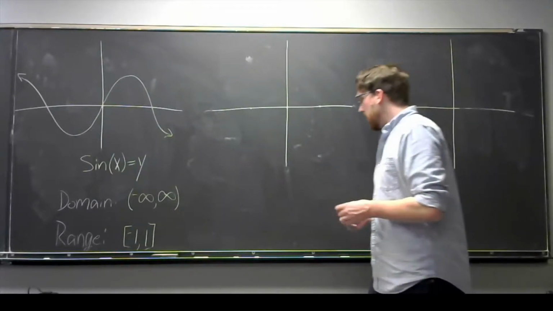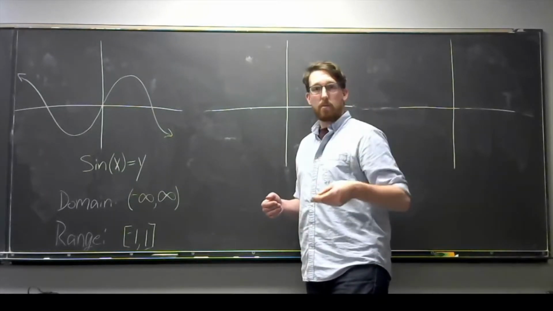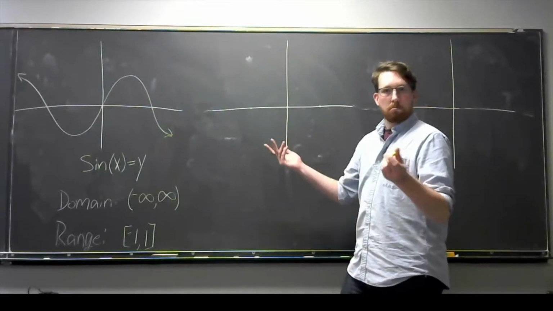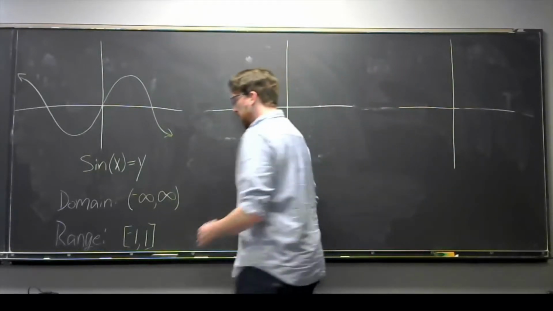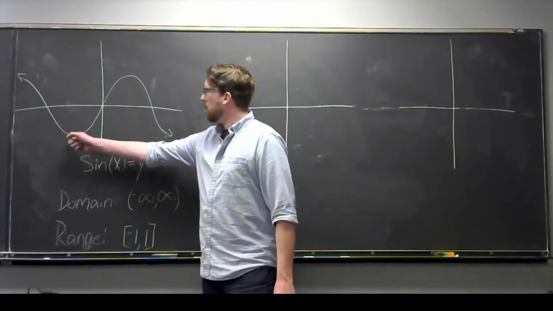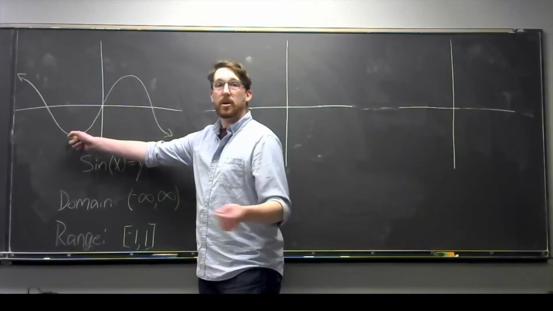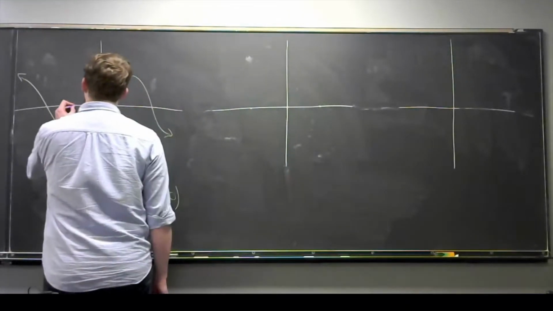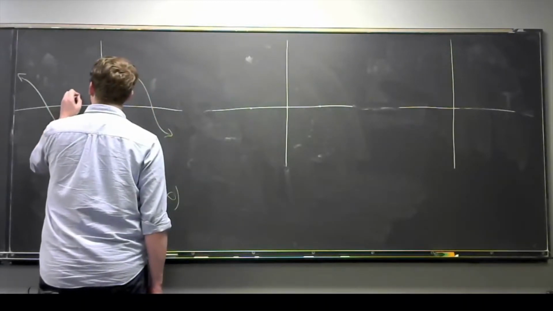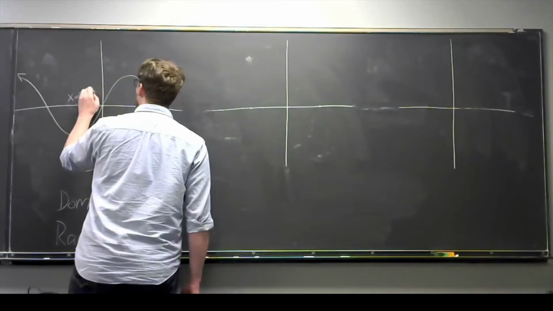So looking at it, it seems logical to start with one of our maximums or minimums, right? So one of the high peaks or the low valleys. So let's start here at x equal to negative pi over 2.